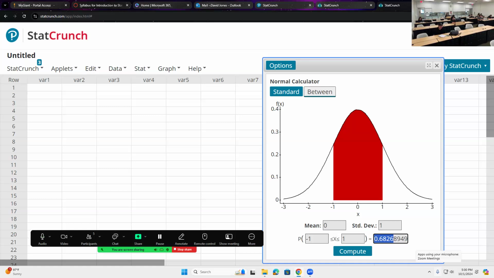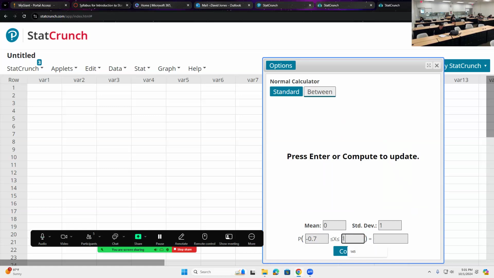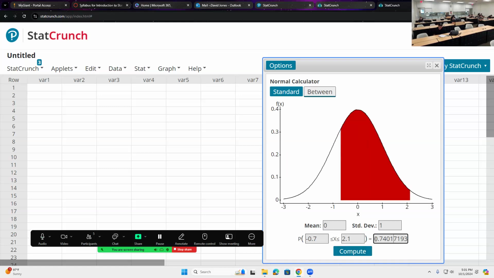It's already there, no need to put it back in again. So 0.6827. Now we'll go look at the weird one, -0.7 up to 2.1. 0.7402.